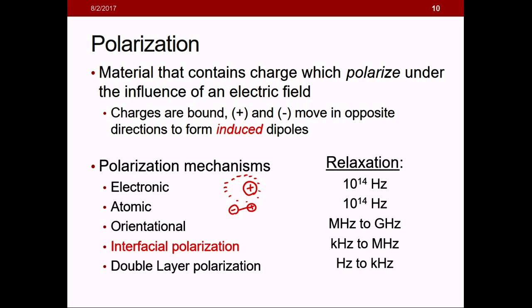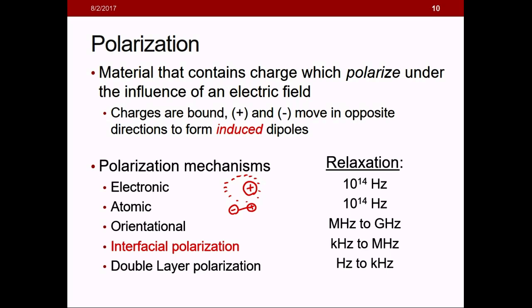Now, coincidentally, interfacial polarization is what dielectrophoresis is traditionally associated with, and that relaxation occurs when you have the interface between two dissimilar materials. So say you have a particle and you have your liquid medium out here, there's an interface of two different materials and charge will build up at that interface.